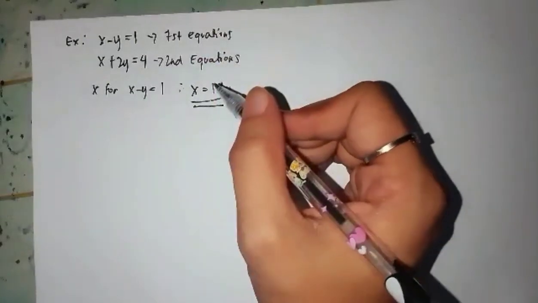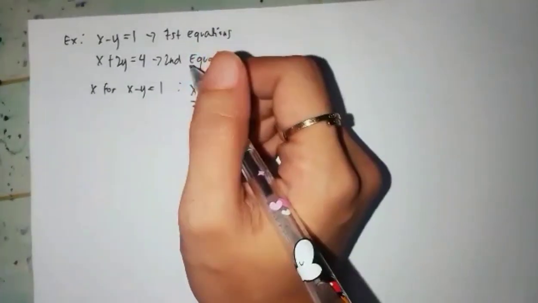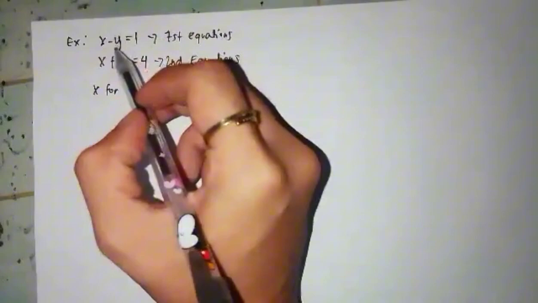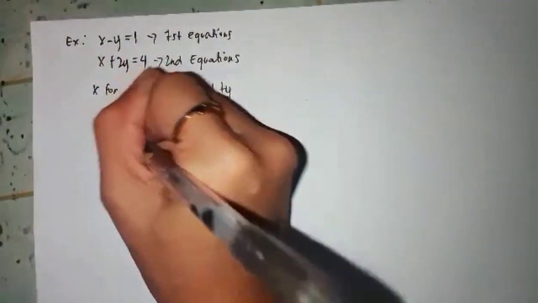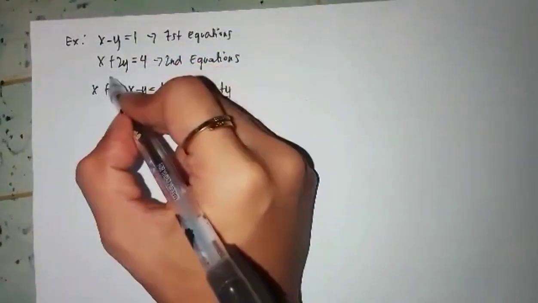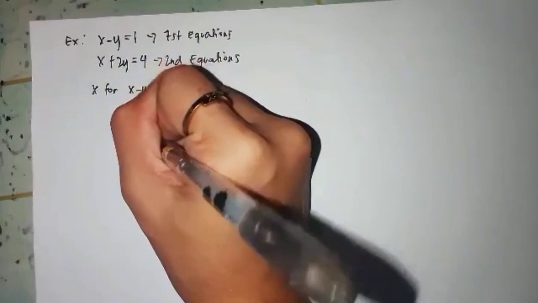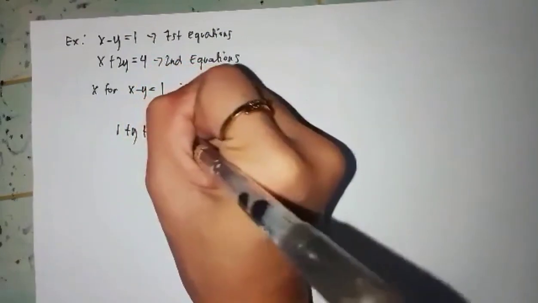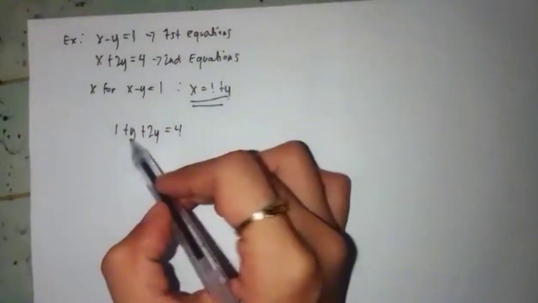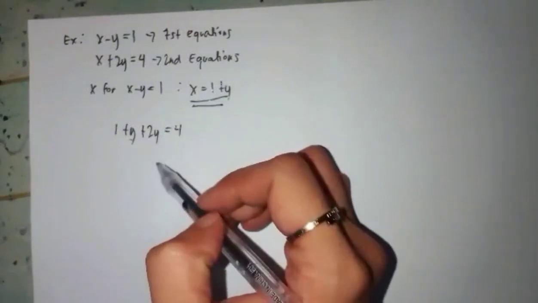Next is substitute. So x becomes 1 plus y. We substitute this into the second equation, x plus 2y equals 4. They have the same variable, so we add them.